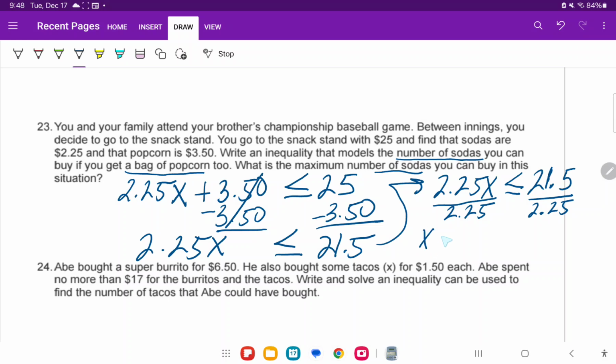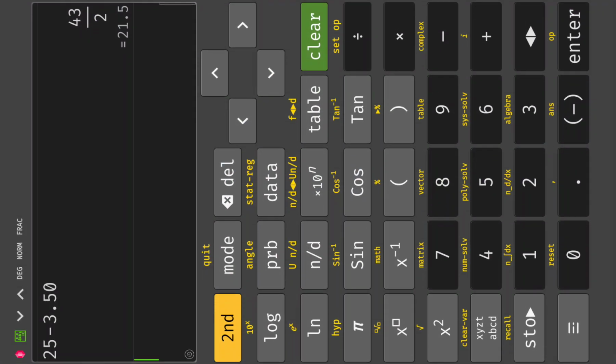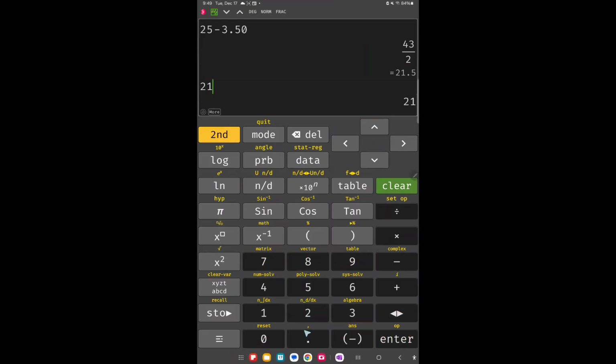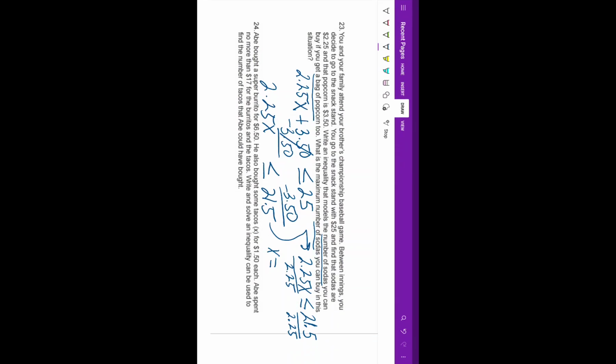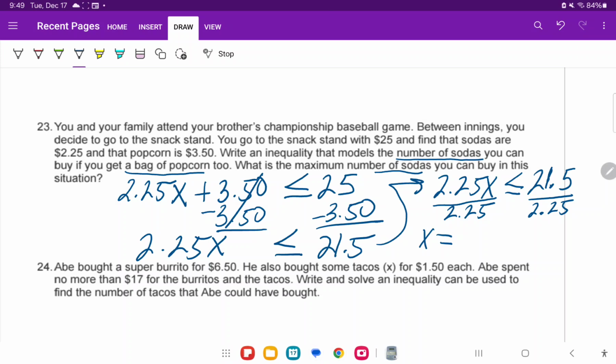So x, which is the number of sodas, we do 21.5 divided by 2.25, and so that is 9.6. So that is 9.6.